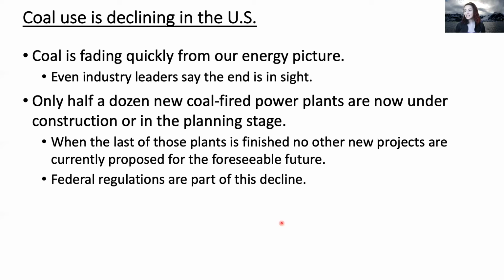So when the last of those coal burning plants are finished, no other new projects are currently proposed for the foreseeable future. And federal regulations have a lot to do with this decline in industry's interest in erecting new plants.